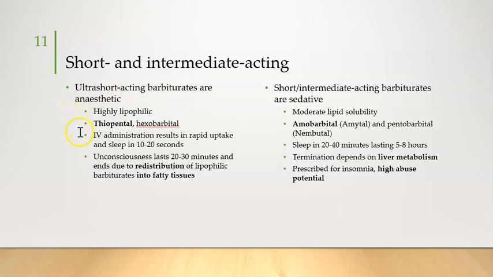Ultra-short-acting or short-acting barbiturates are usually used as anesthetics. They are highly lipophilic. An example here would be thiopental, like I mentioned before, another one would be hexobarbital. These are usually administered via IV to help increase the rapid uptake.